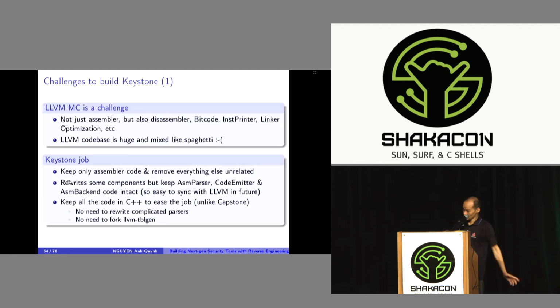But again, there are many challenges. First one, MC has many things, but I only want the assembler component. So at this step, it took a lot of time for me to read the source code of MC to check out only the assembler framework from MC to build Keystone.